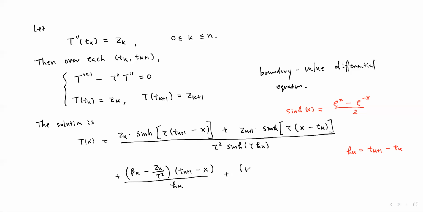Plus beta k plus 1 minus ck plus 1 over tau square, times x minus tk over hk.